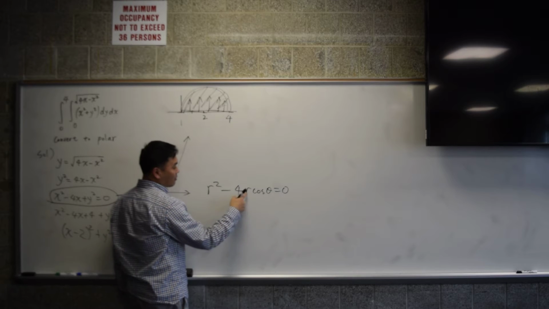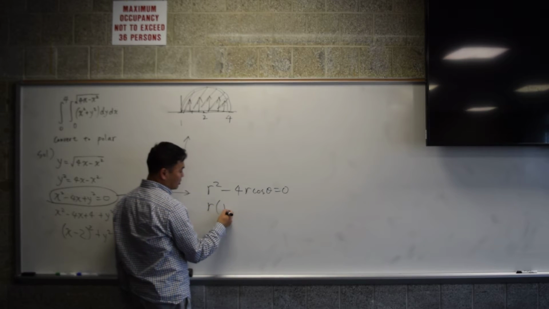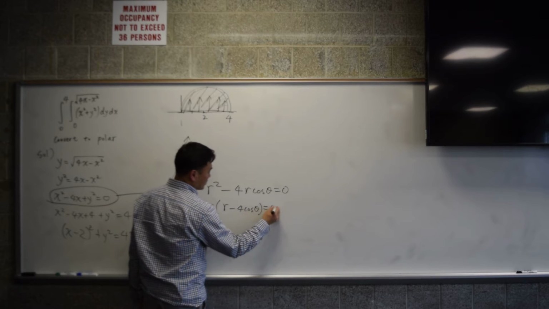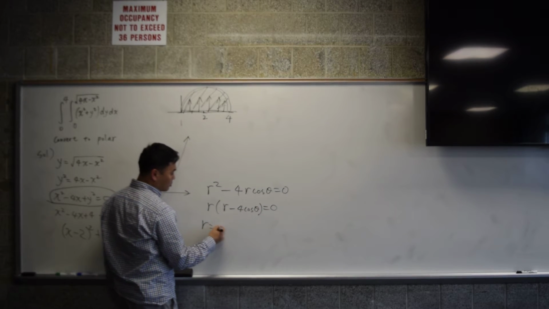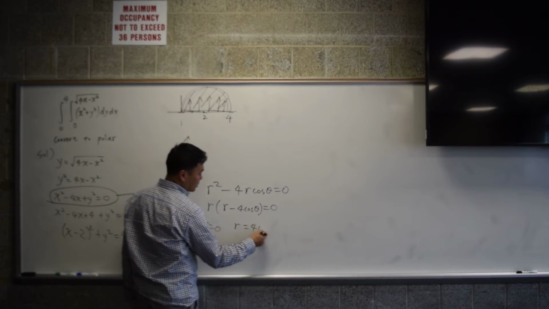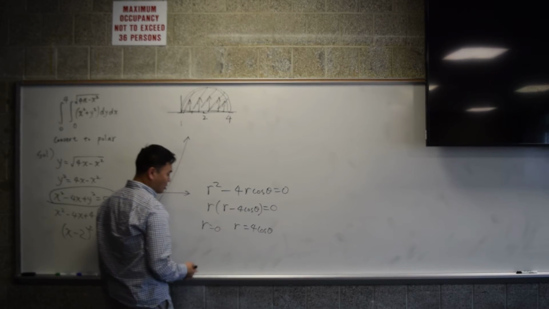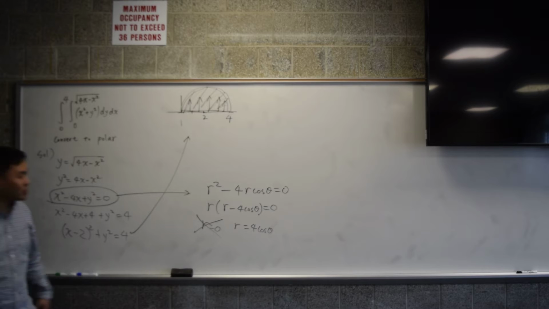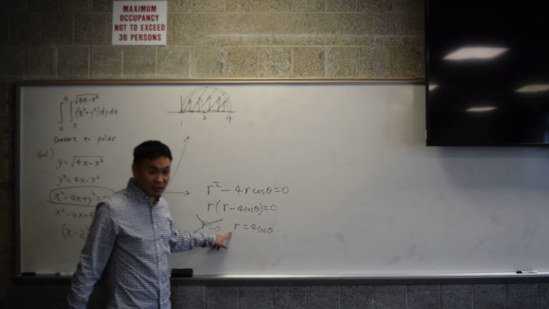And then since they have r as a common factor, it's either r equal to 0 or r equals 4 cosine theta. R equal to 0 gives you the origin, right? So it must be r equals 4 cosine theta.